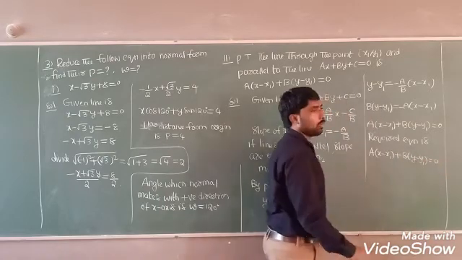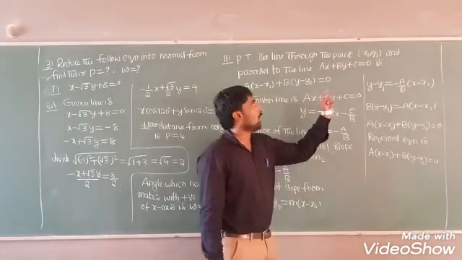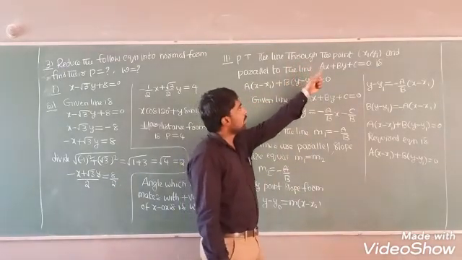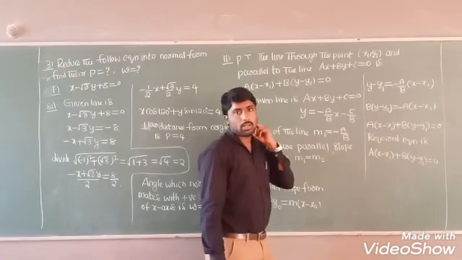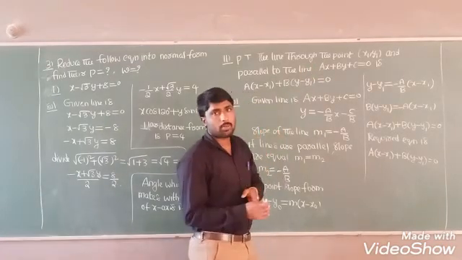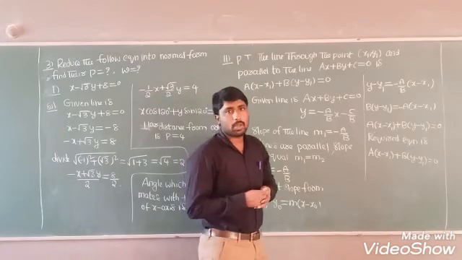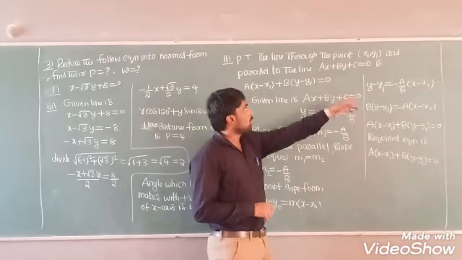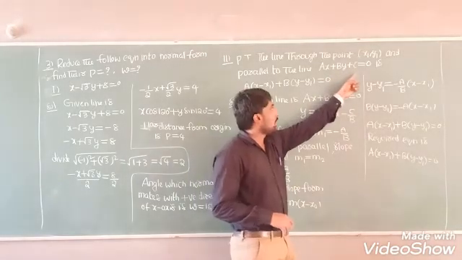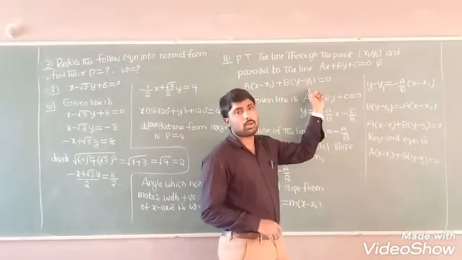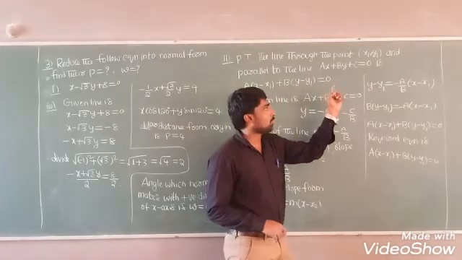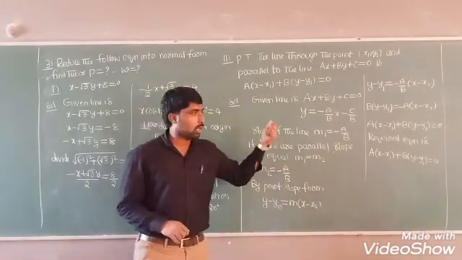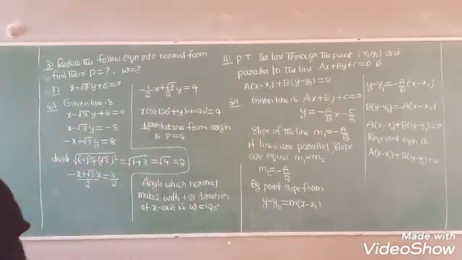The comparative part I am saying here: if two lines are parallel, and a line passes through the point and is parallel to the given line, you have to remember that their constants are different. This line's constant is c, the other line's constant is c1. The x coefficients and y coefficients remain the same if two lines are parallel. So all of you note this down up to here.